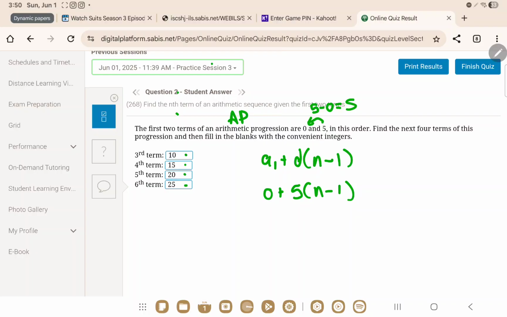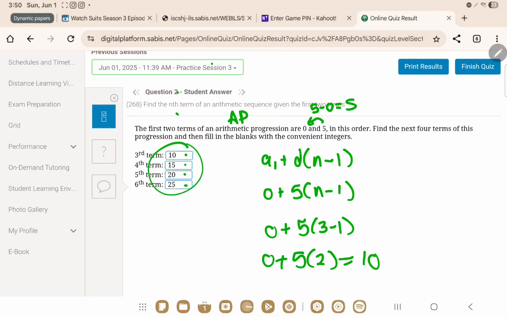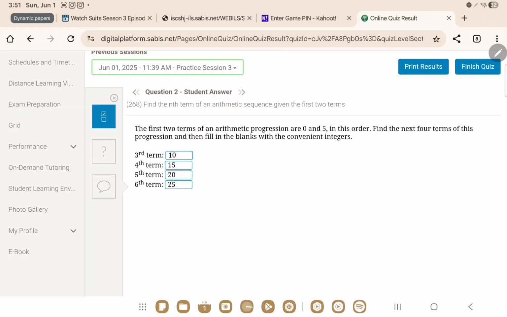So let's say they want the third term: 0 plus 5 into 3 minus 1, 0 plus 5 into 2, which equals 10. You get the same answer. If it was a computer part, do it the way where you just keep adding 5. If it was a written part, of course, you do the longer way. Moving on.